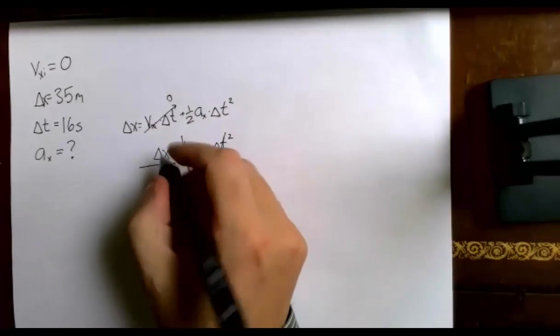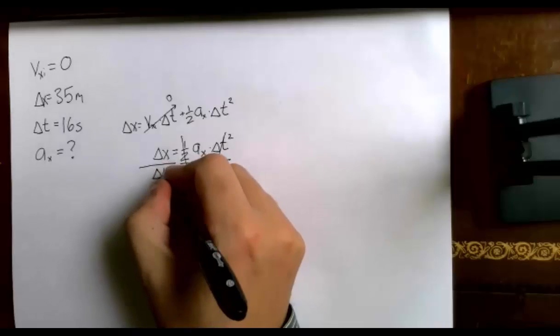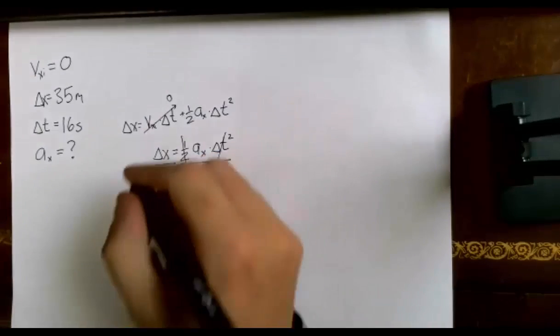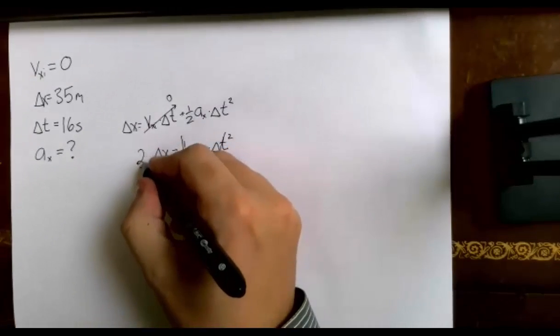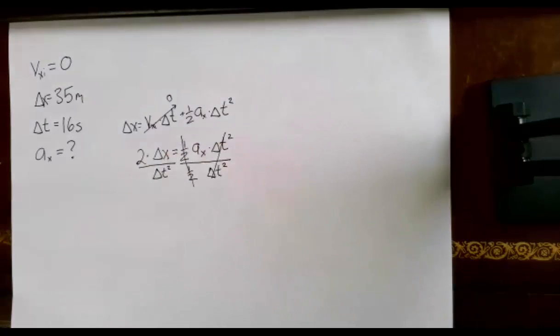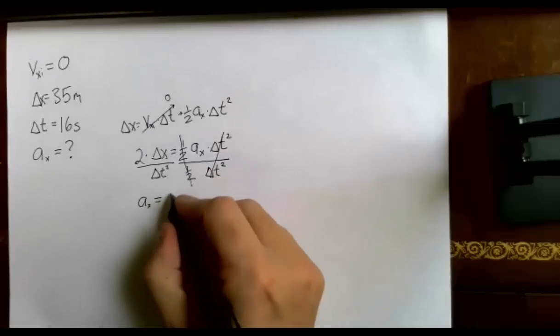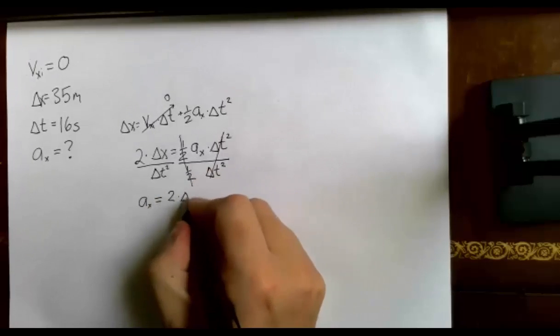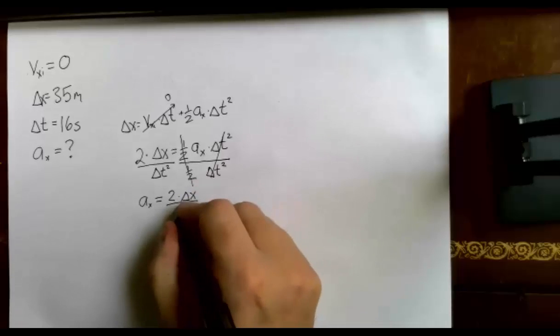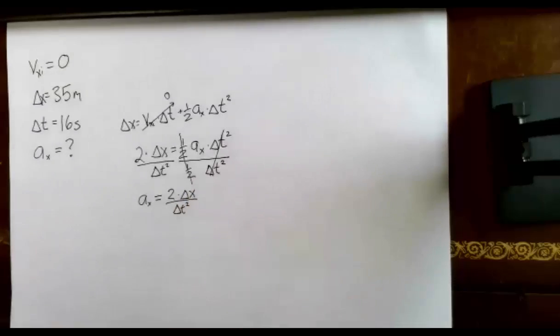So on this side as well, I also have to divide by the time squared and by the 1/2, but instead of dividing by 1/2, I'll multiply by 2. Same thing. So if I rewrite my equation now, after I rearrange it, I should have acceleration equals 2 times displacement divided by time squared.